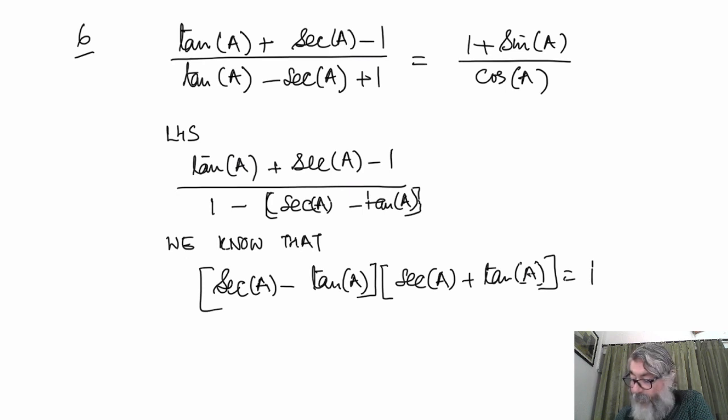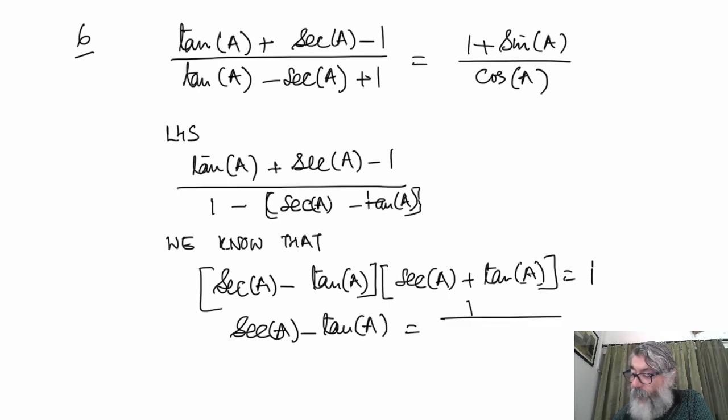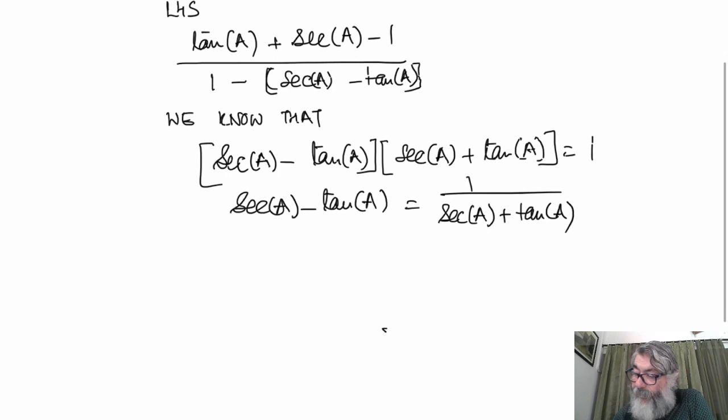Or I can write sec a - tan a equal to 1 upon (sec a + tan a). So wherever we see sec a - tan a, I can replace it by 1 upon sec a + tan a, and that's exactly what I'm going to do in this question.